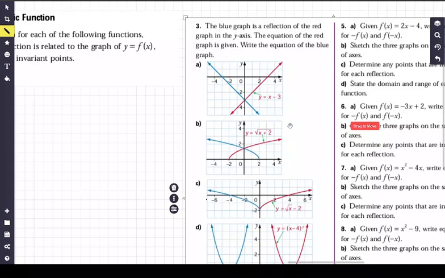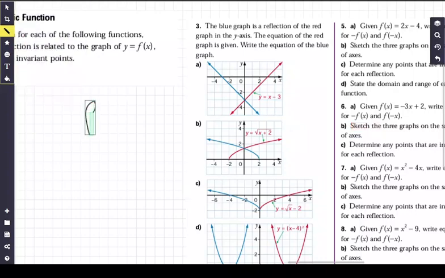In one, it flipped about the y-axis. So we all know what that means. When it flips across the y-axis, it's an x transformation, so it was f of negative x, right? You can go ahead and solve for the equation. I'm going to identify the transformation for you guys.